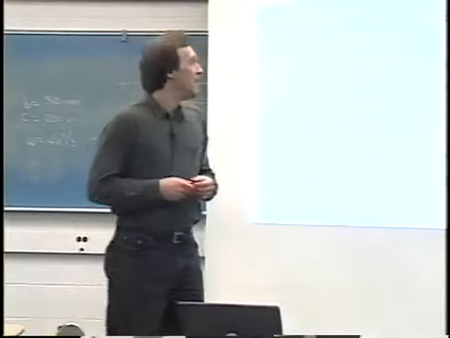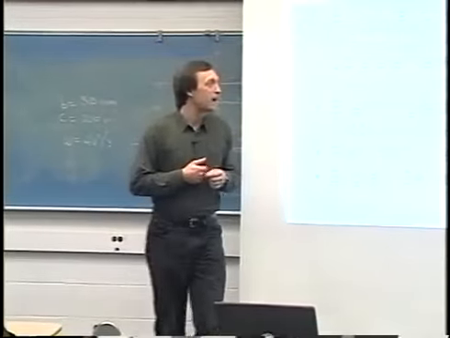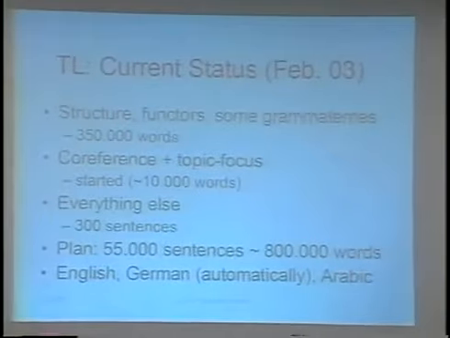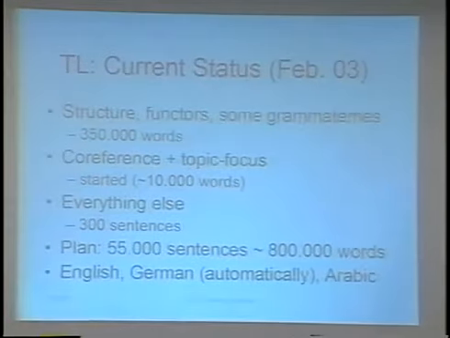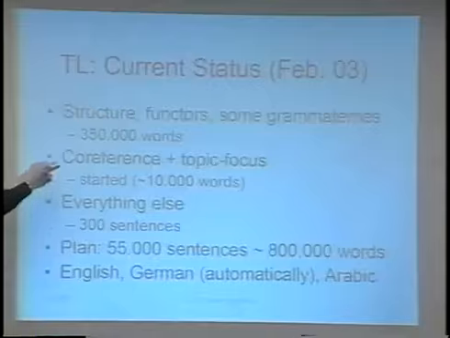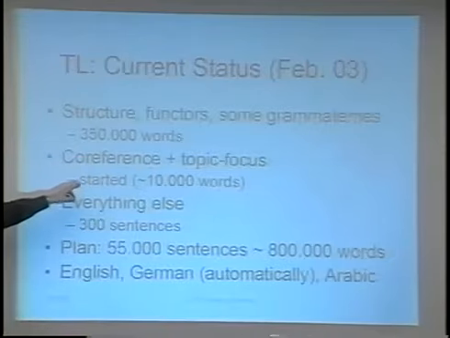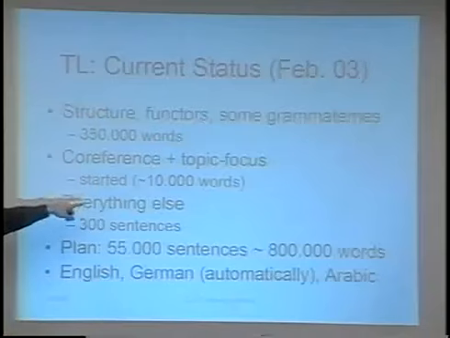We'll see. So the current status of things is the following. We have about 400,000 words annotated at the tectogrammatical layer I just talked about. We are working on co-reference and topic focus, and that's been started, so we have about 10,000 words.